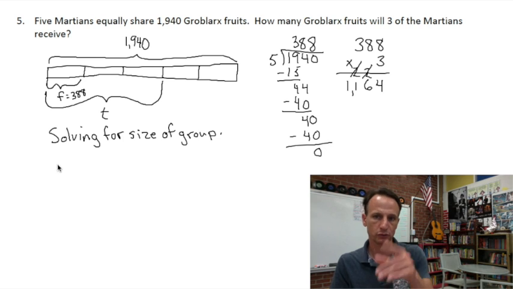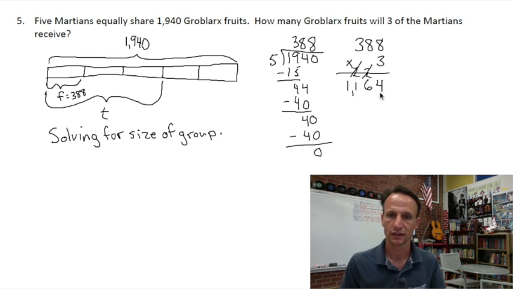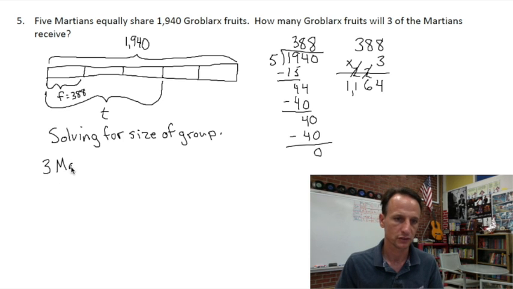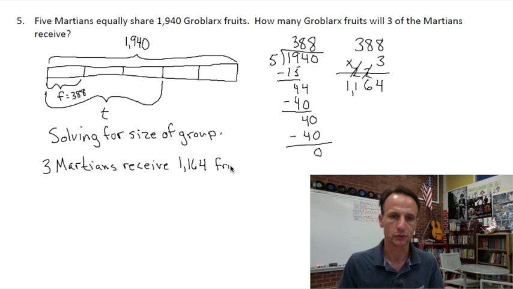So 3 Martians receive, and see they use receive here instead of get, 1,164 fruits.